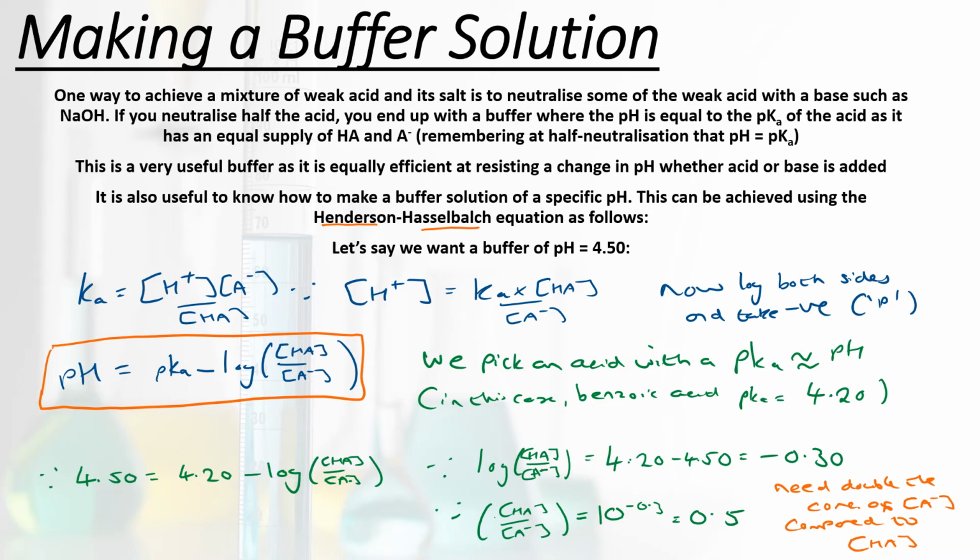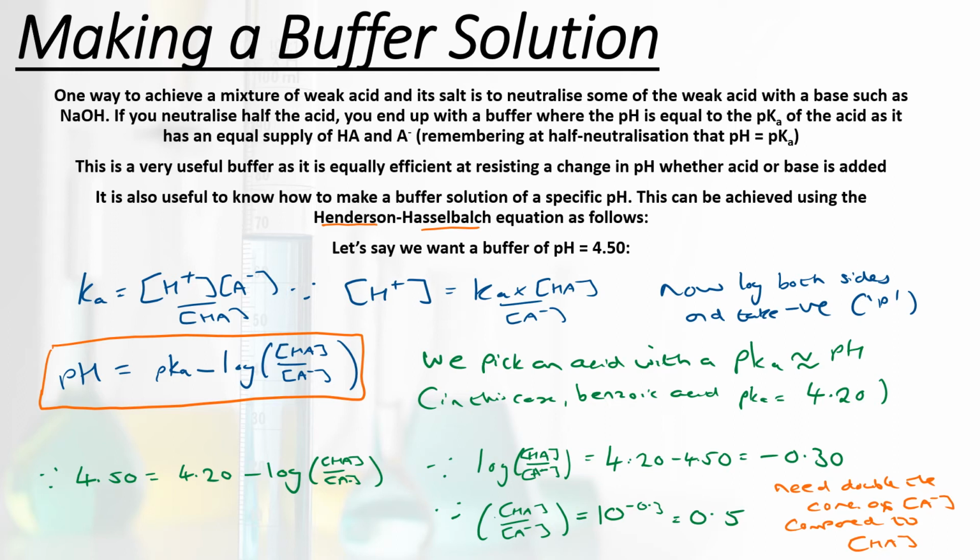And now what we're going to do is the negative log of both sides. Remember that pH was the negative log of the H plus concentration, pKa was the negative log of Ka. So if we take the negative log of both sides, we end up with the negative log of H plus, meaning pH. And then using our law of logarithms, we can separate out the Ka and the concentration parts.